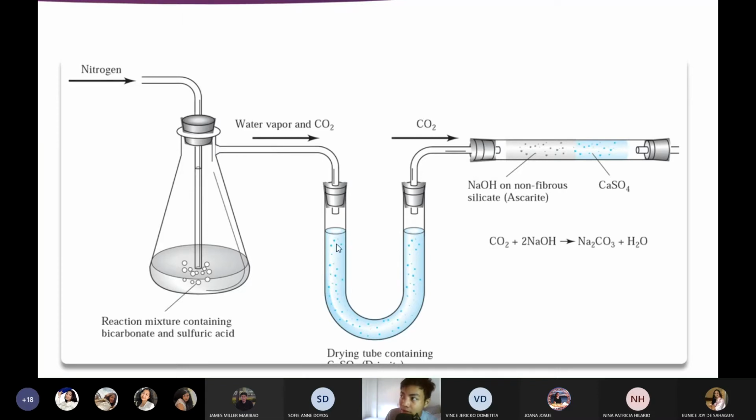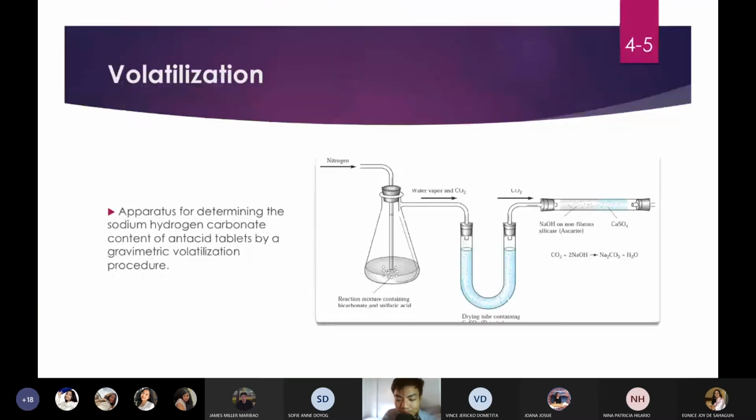So yung gases, matatrap sila dyan. So as a result, bibigat itong containers natin na to. So pag bumigat tong containers na yan, you can determine the mass of carbon dioxide, no? You can determine the mass of water, and then you can do calculations with them. Okay? So ganun lang. Okay, so next meeting uli yung calculations for that. Ngayon, puro concepts lang tayo.